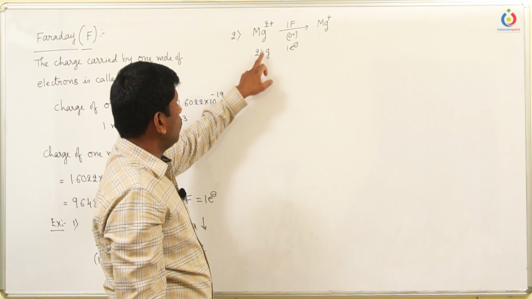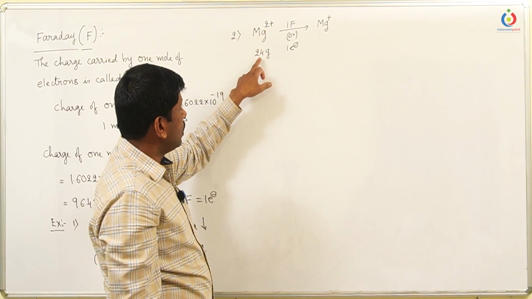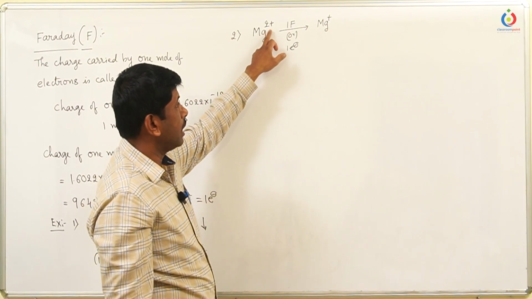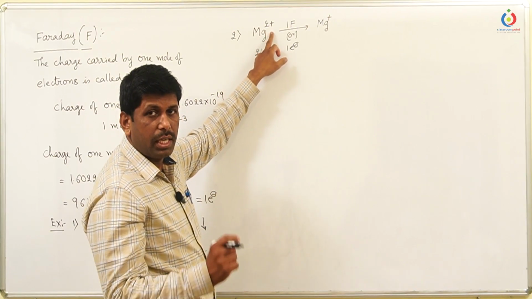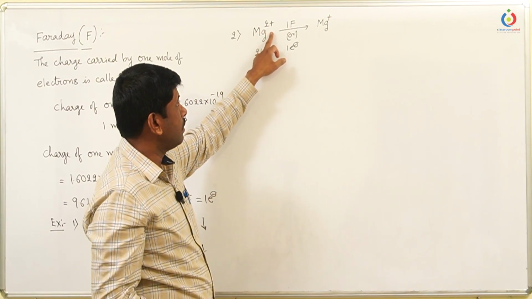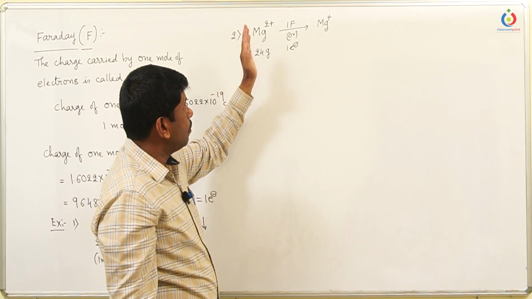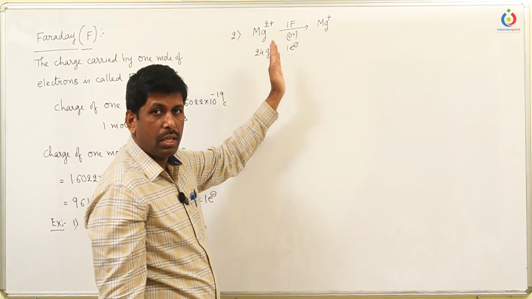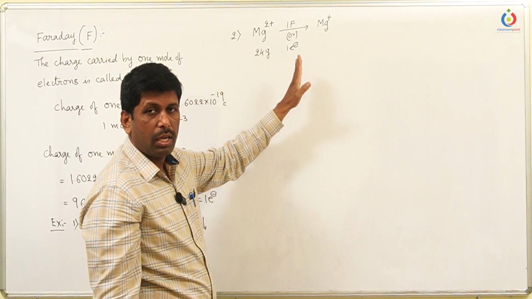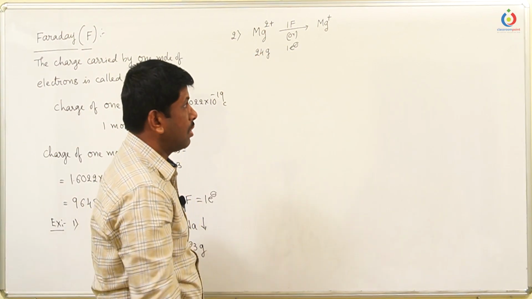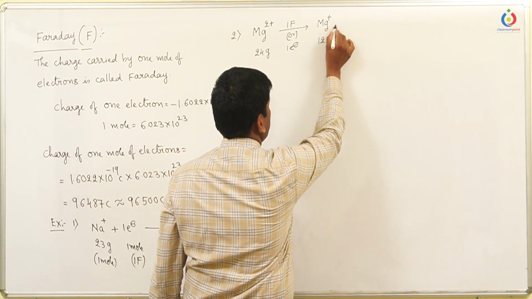Mg2 plus is carrying 24 grams of mass. That means this 24 grams of mass belongs to the 2 charges. It has to be distributed between the 2 charges. Each positive charge is getting 12 grams of the mass. Then by sending 1 Faraday of electricity, only 1 charge gets deposited, the other charge does not get deposited. That means out of 24 grams, only 12 grams of the mass gets deposited, the remaining mass does not get deposited. So you can write down that 12 grams of magnesium gets deposited.